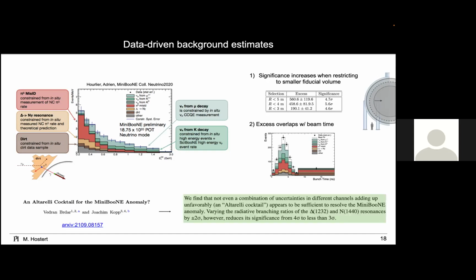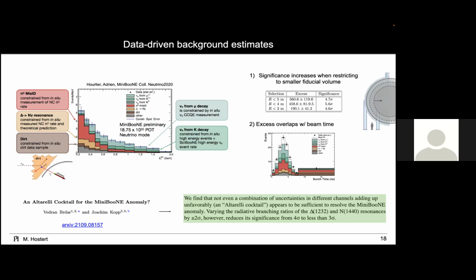Okay, so several people have studied these backgrounds. The latest paper on this by phenomenologists here at the bottom asks the following question. Okay, so we know that probably none of these individual backgrounds can explain the full excess. But what if every single one of them conspires in just the right way to fill that gap?